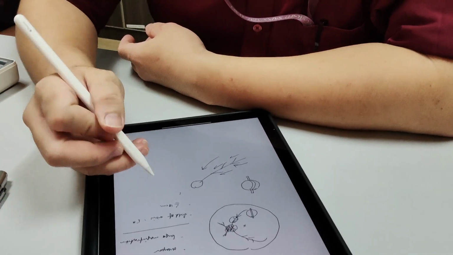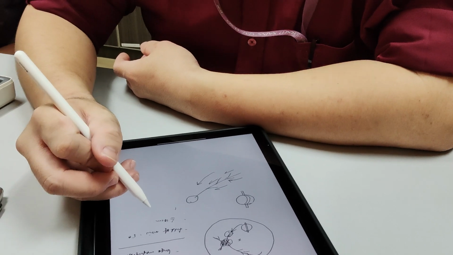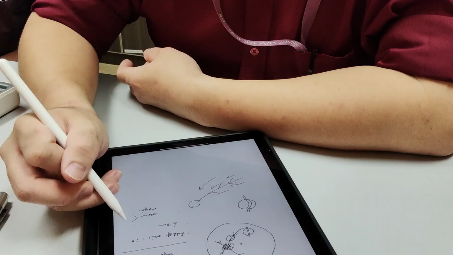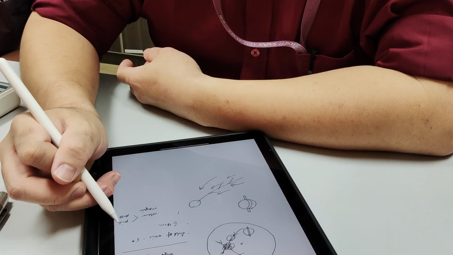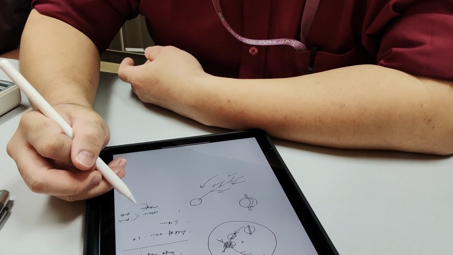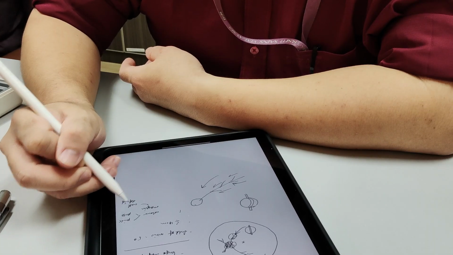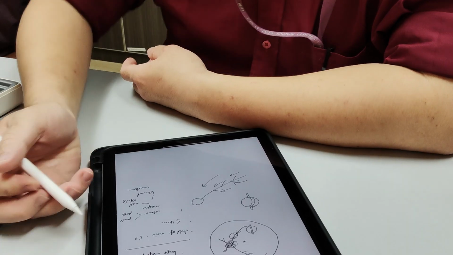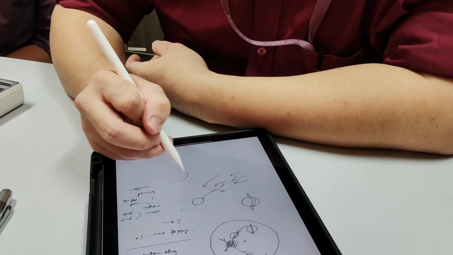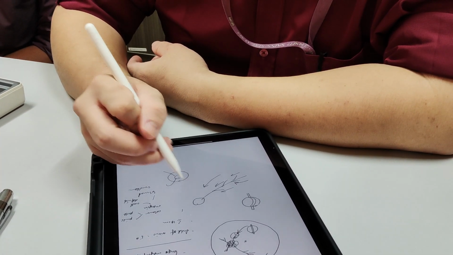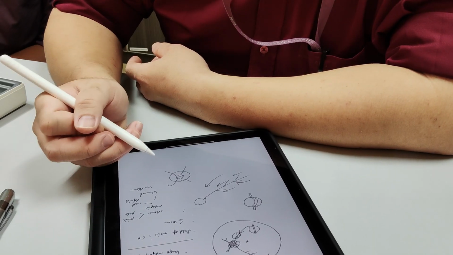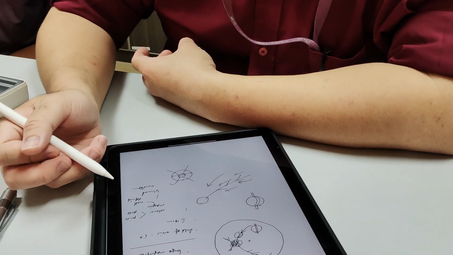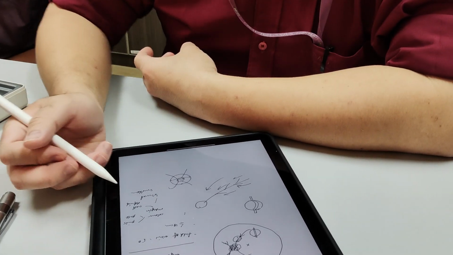So when you see the optic disc, you have to see the color and margin. Is the color pink or pale? Is the margin well defined, blurred, swollen? Then you will see the cup to disc ratio.